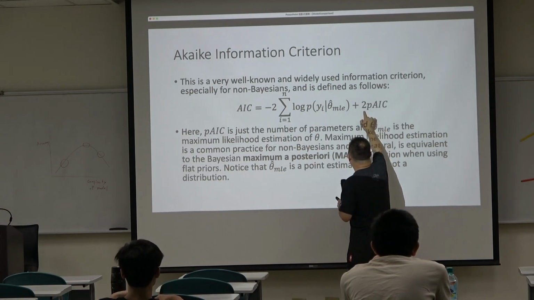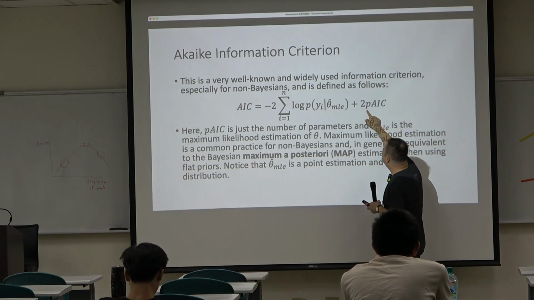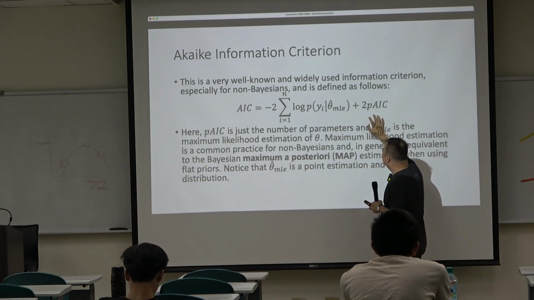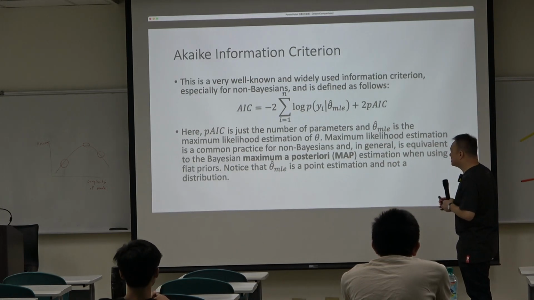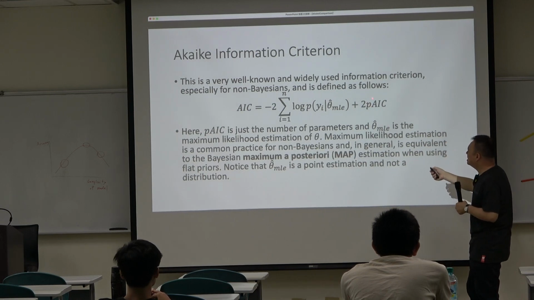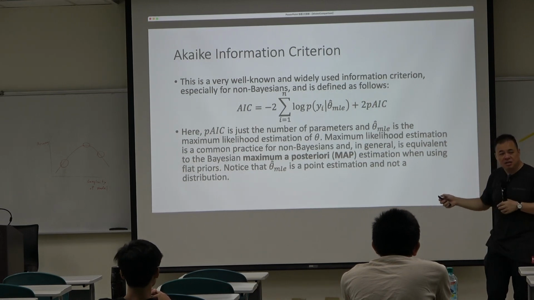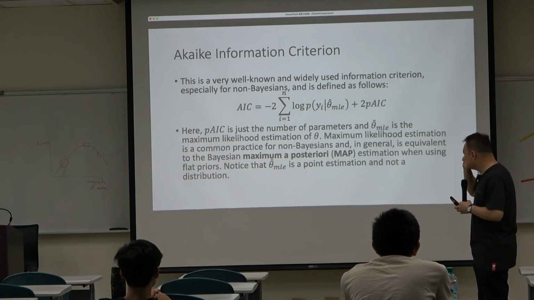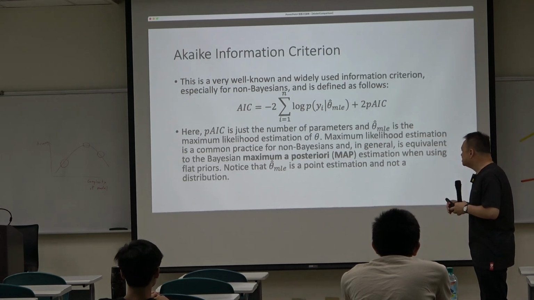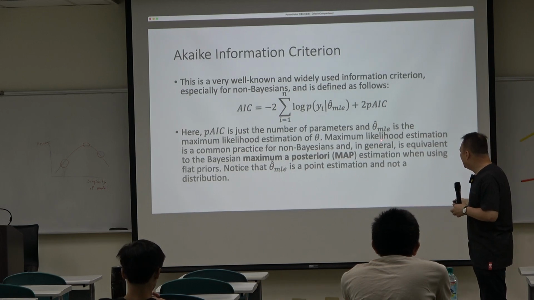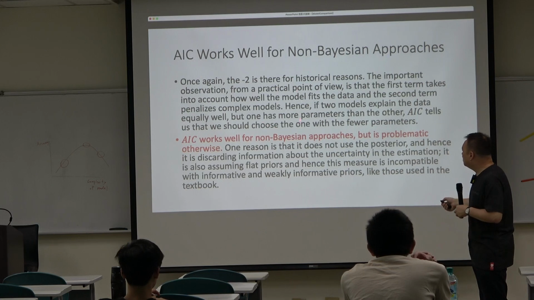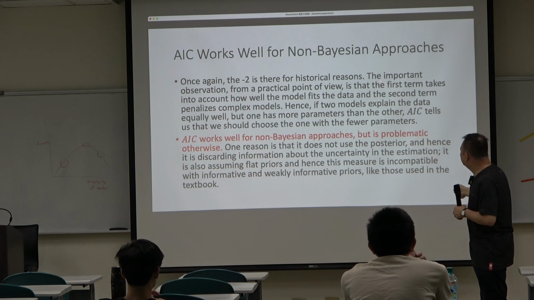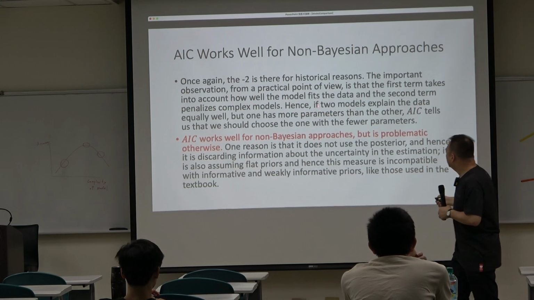Because this first term normally represents in-sample accuracy, we have a second term. This second term is 2 times P. This P is like the size, the number of parameters of the model.